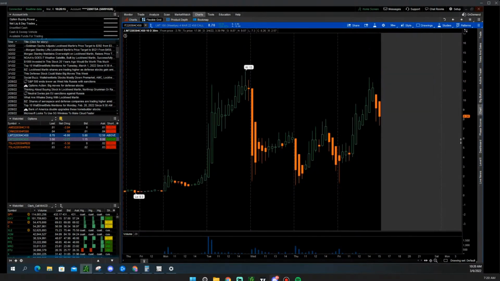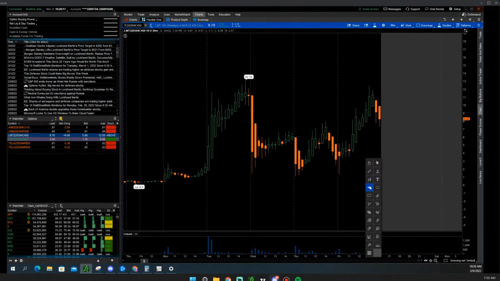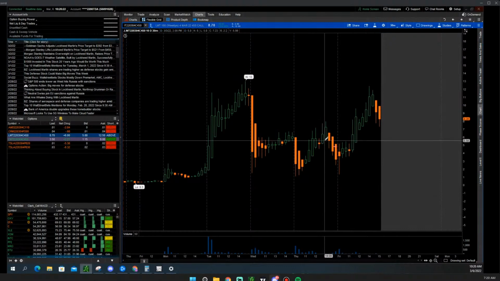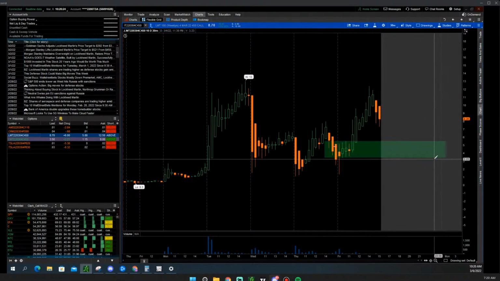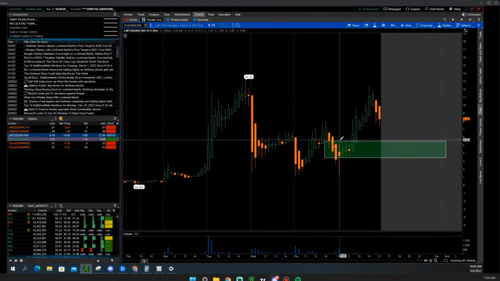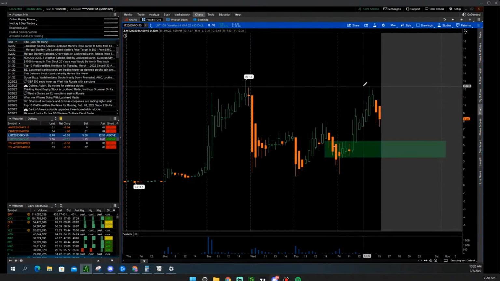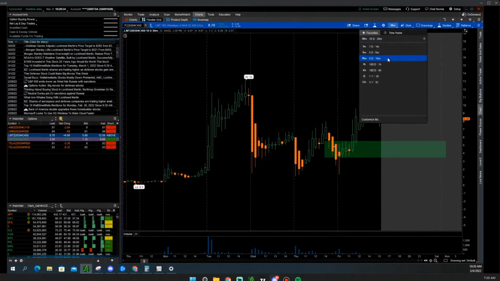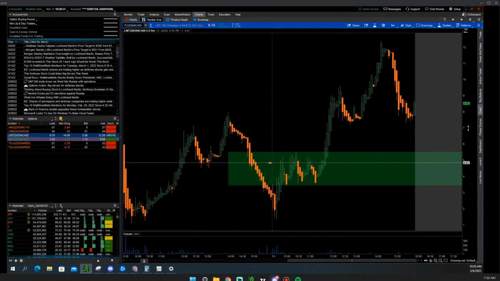So look at these contracts. So you had a consolidation on the contracts here. You guys see it, this area here. This was your zone that it was consolidating. And then it went from 5.5 all the way to 12. And these contracts at 9:30 dropped. Let me kind of go on 5 minutes. Look at this.